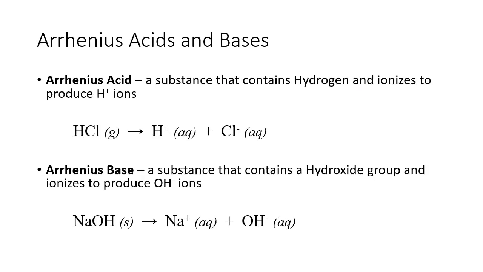So the first and easily the simplest model of acids and bases that we're going to be looking at is Arrhenius acids and bases. An Arrhenius acid is a substance that contains hydrogen and ionizes to produce hydrogen ions. So our example here, hydrochloric acid, or HCl, will dissolve in water to form aqueous H+ ions, as well as aqueous chloride ions.